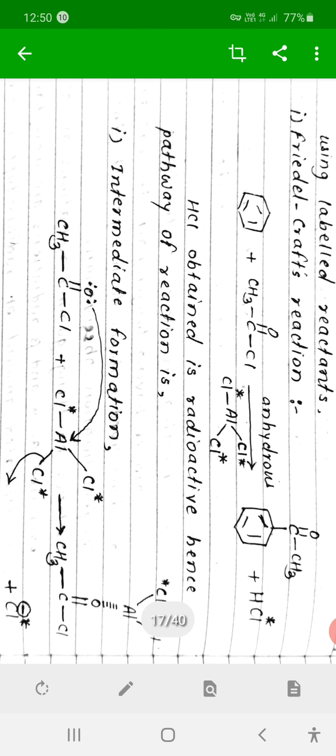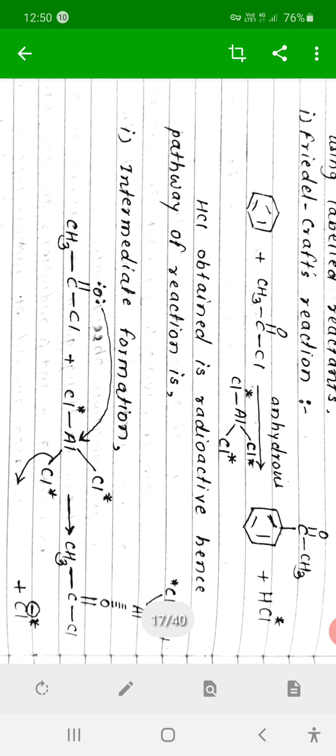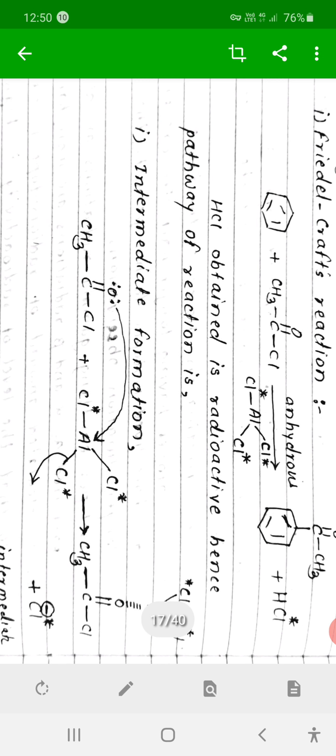HCl is generated as a byproduct. Then the question is whether the chlorine atom in the generated HCl comes from acetyl chloride or aluminum chloride. This is the question, whether that HCl comes from acetyl chloride or aluminum chloride.